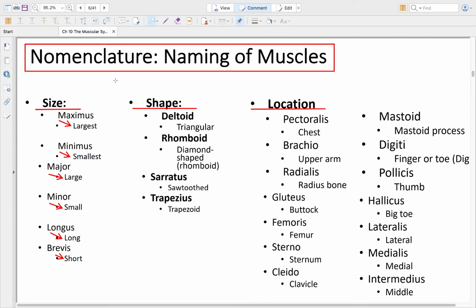Now the shape. A deltoid. Deltoid is in reference to shape, and what it actually means is a triangle.